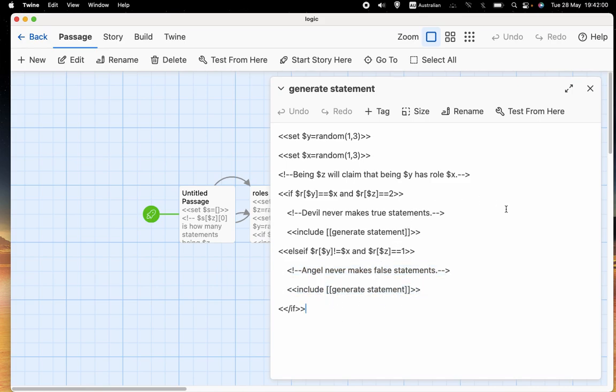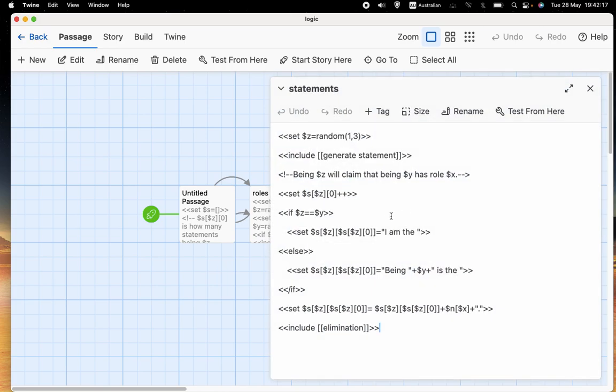If it's the alien speaking, we never need to do anything because the alien can make both true and false statements. So eventually we'll get a statement that's compatible with the requirements of the puzzle, and then we'll find ourselves back at statements here.